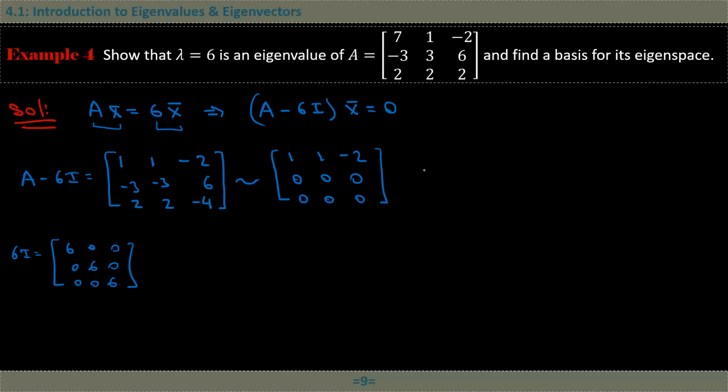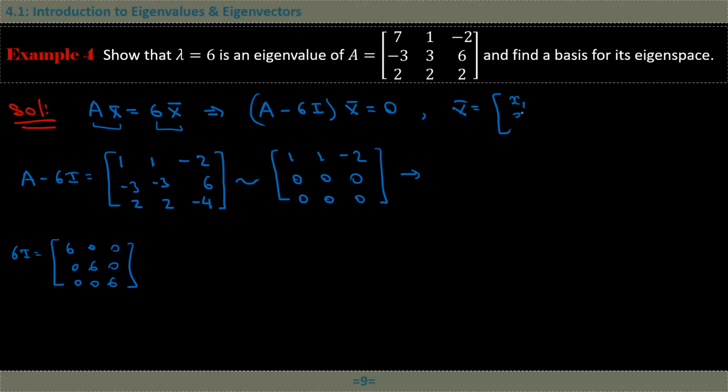So that means we have zero rows, and the rank of this matrix is less than 3. That means it's not invertible, so it has a non-trivial solution. From here, if you write the corresponding linear equation, with x1, x2, x3, don't forget that this x is a vector from 3-dimensional space.